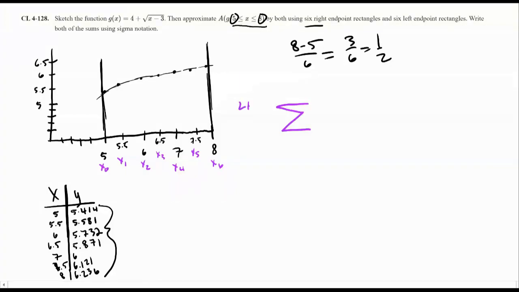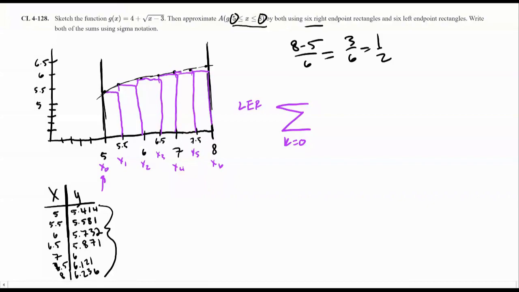Let's call this the left endpoint rectangles first. The left endpoint always starts at k equals 0 because I'm using this side as my original height of my rectangles. All of the left sides are being used.